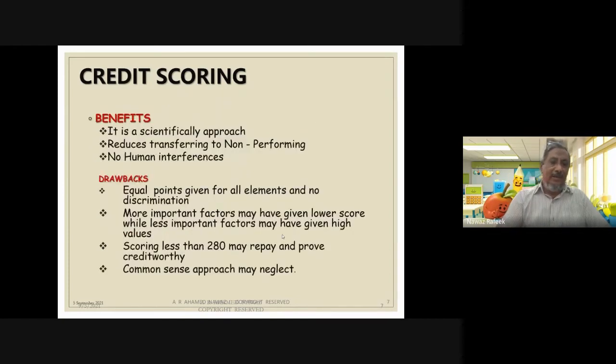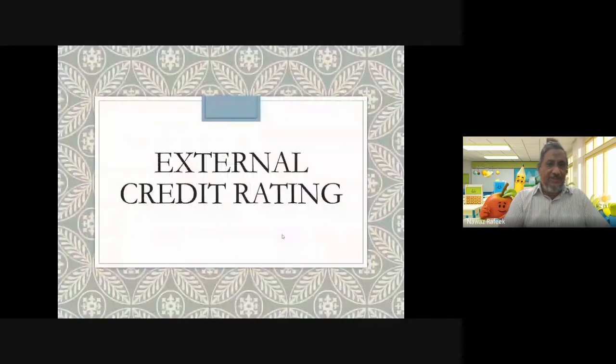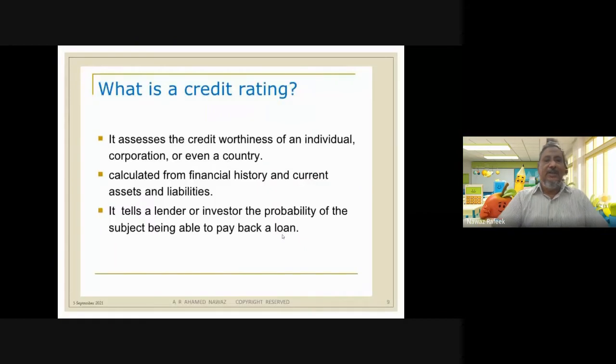Right. Then the next one is external credit rating methods. External credit rating, and what is credit rating? Now, this is what we commonly talk about in this chapter.